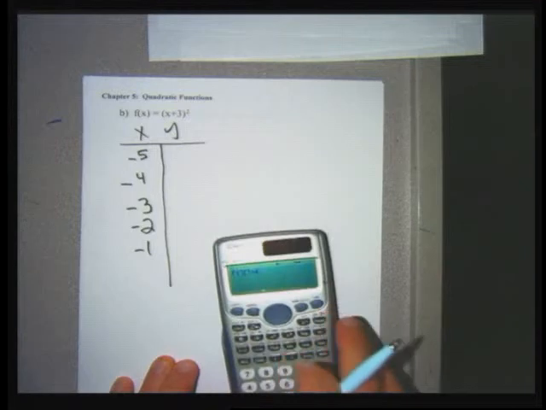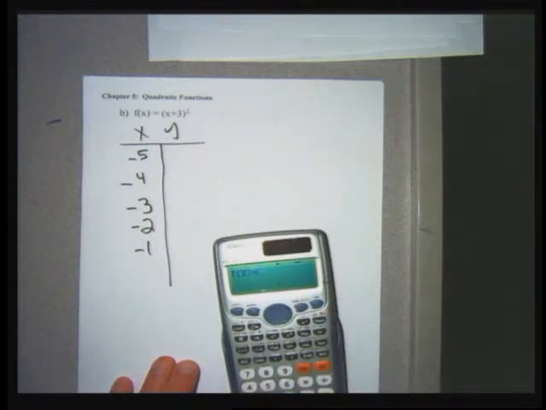If I had a g of x there, then I would have to do something, and if you have that come up on the test, I'll fix it for you. So parentheses alpha x plus 3 squared, that's the whole function. And then start at -5, end at -1, step 1.